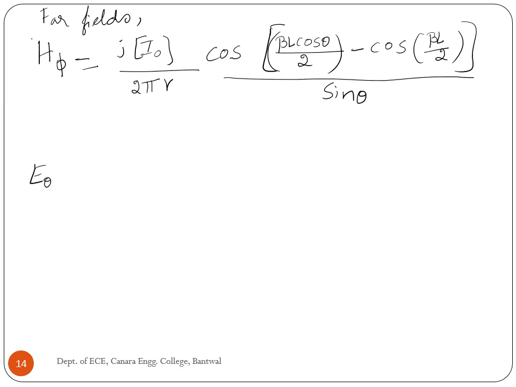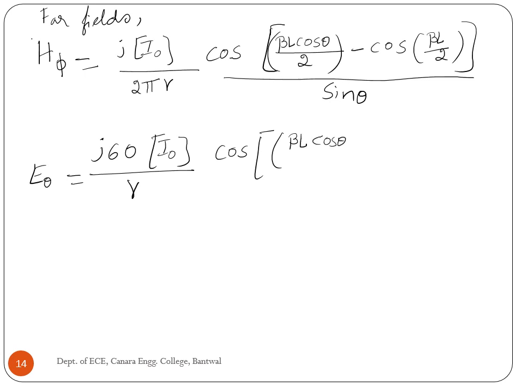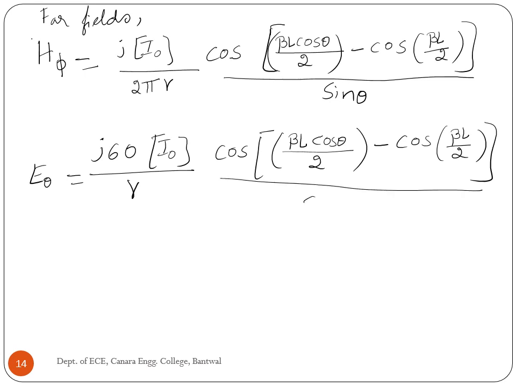E theta is equal to j 60 I naught divided by r times cos of (beta L cos theta divided by 2) minus cos of (beta L by 2), divided by sin theta. We know that E theta is equal to 120 pi into H phi.